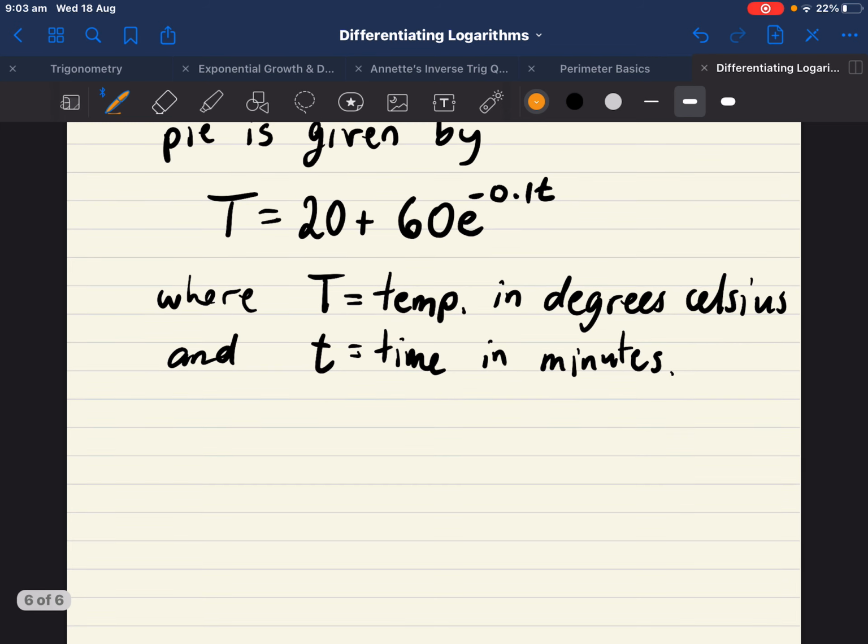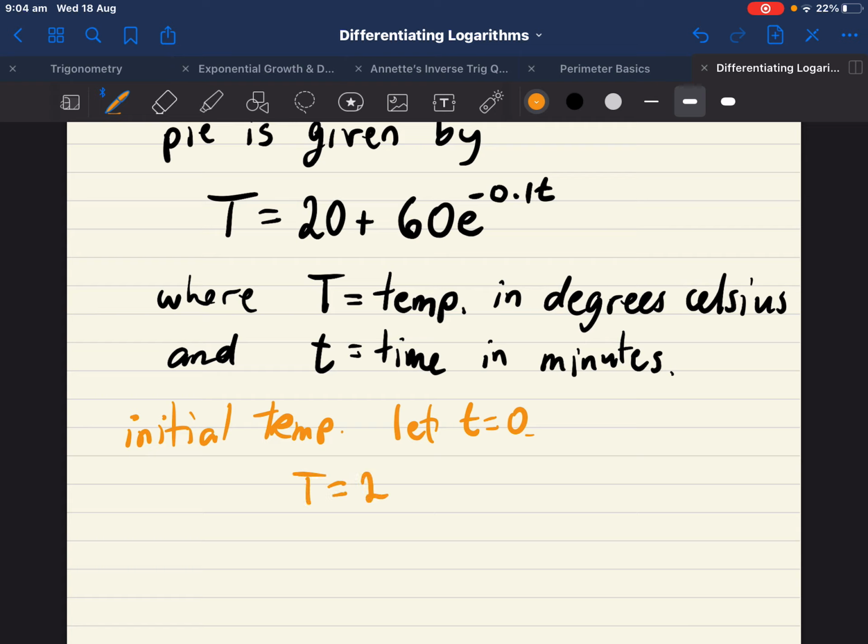Okay, so the idea is this. What we're going to do is just find a couple different things related to this. In this particular case, what would be the initial temperature of the pie? For this you would let little t equal 0.